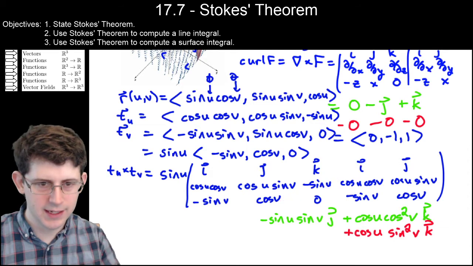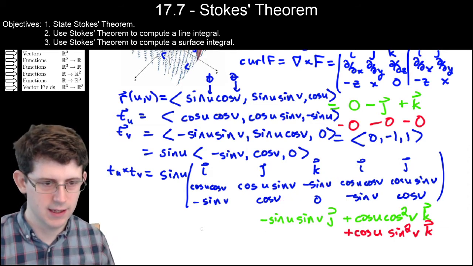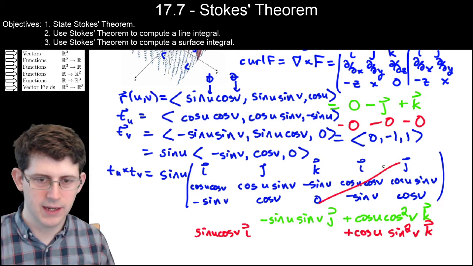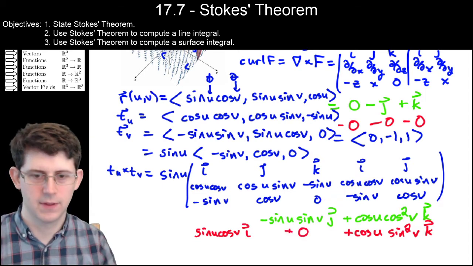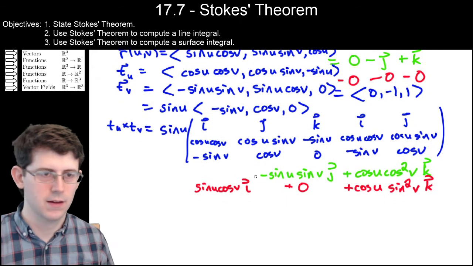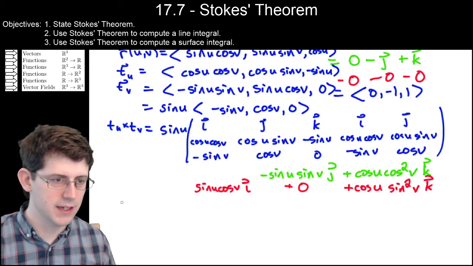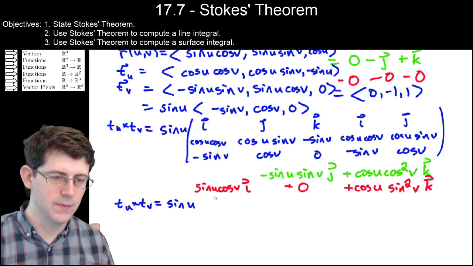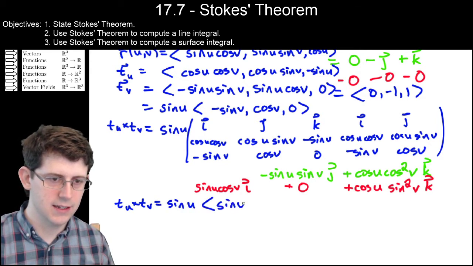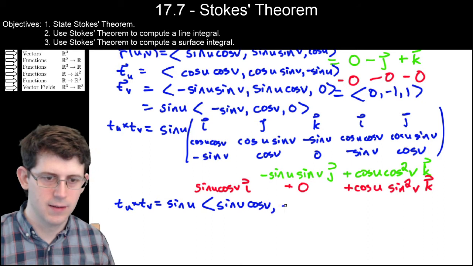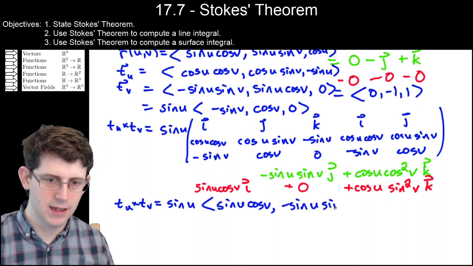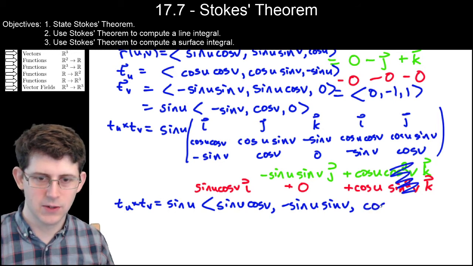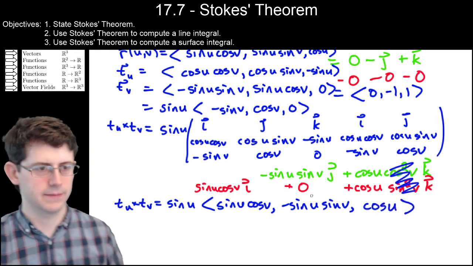This way is plus sine u cosine v. And this way is nothing. So in total, Tu cross Tv is, it's got a sine u, and then it's got sine u cosine v minus sine u sine v. And when these add together, this adds up to 1, and I get cosine u in the k slot.